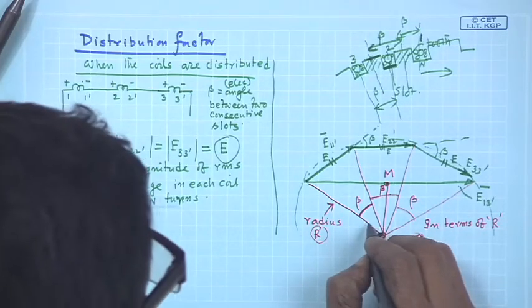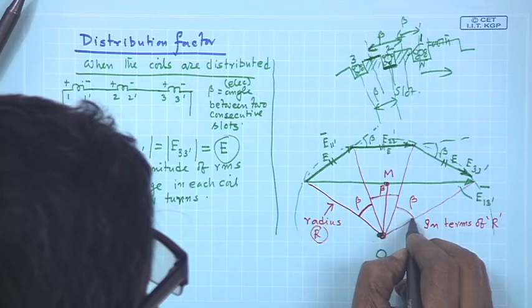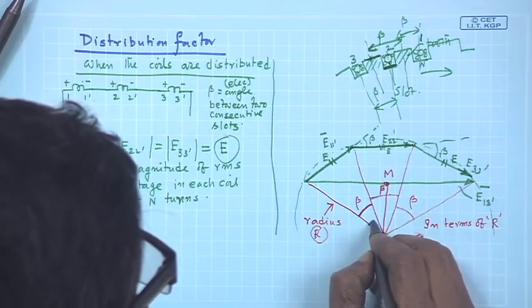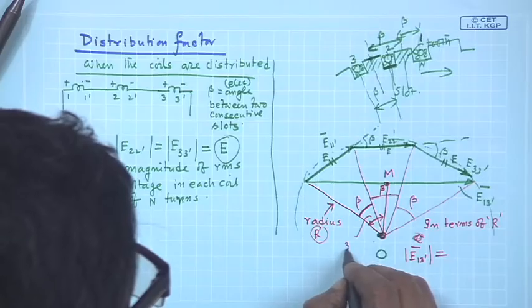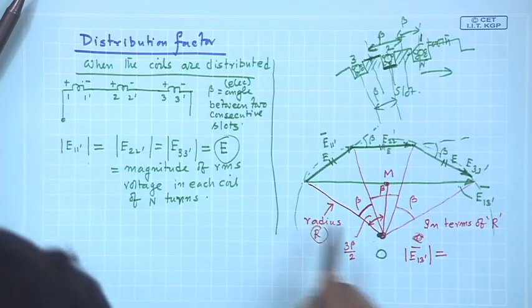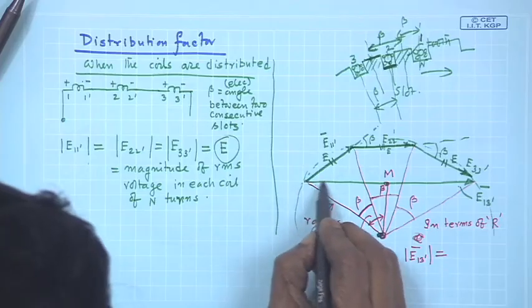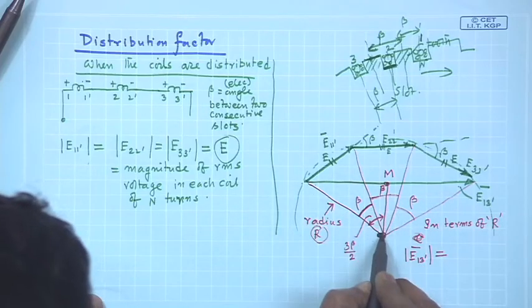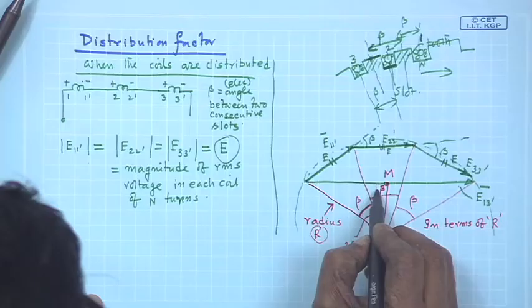Why? Because this angle is 3 beta, therefore this angle will be 3 beta by 2, and you know this length from this right angle triangle, this is a right angle.